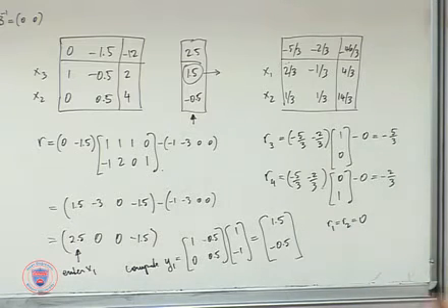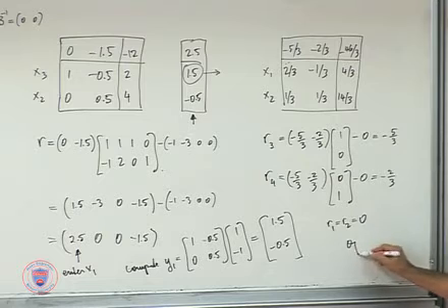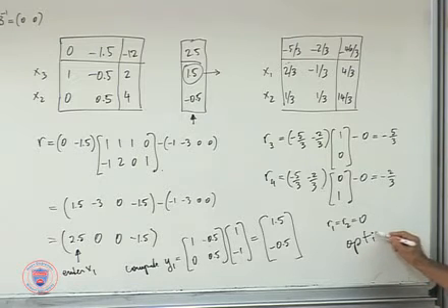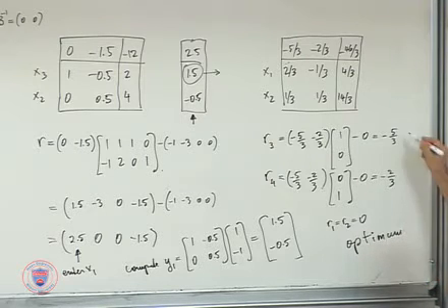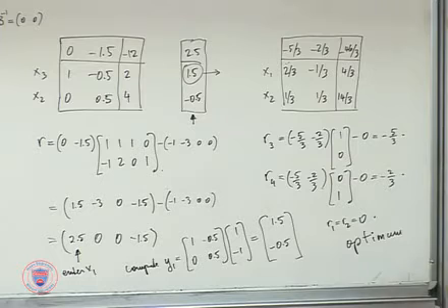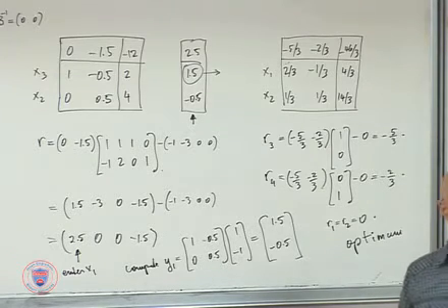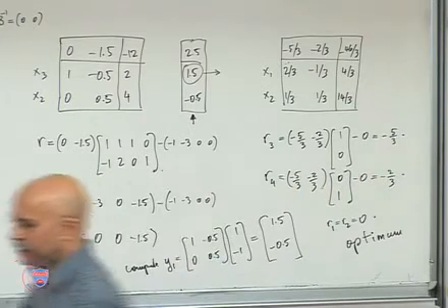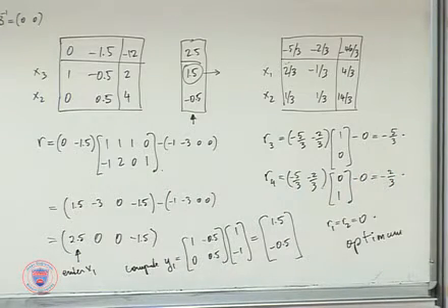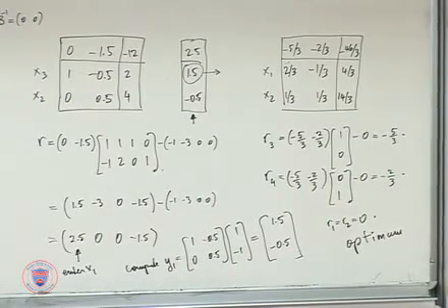You can verify that numerically if you wish. And, of course, in this case, optimality is concluded because all the reduced costs are non-positive. Okay? Optimum is reached. So this was a little bit simpler, I think.